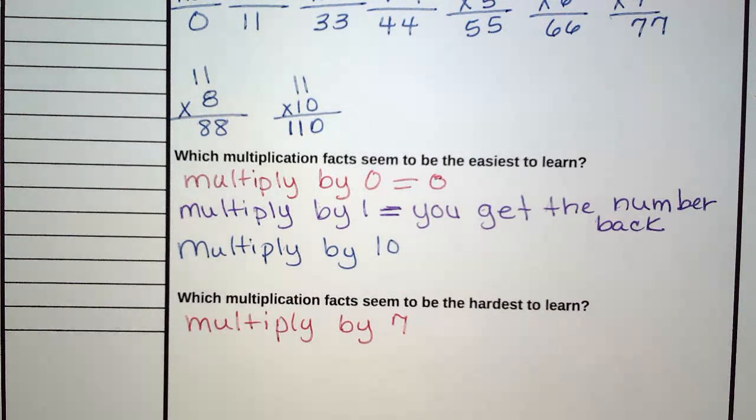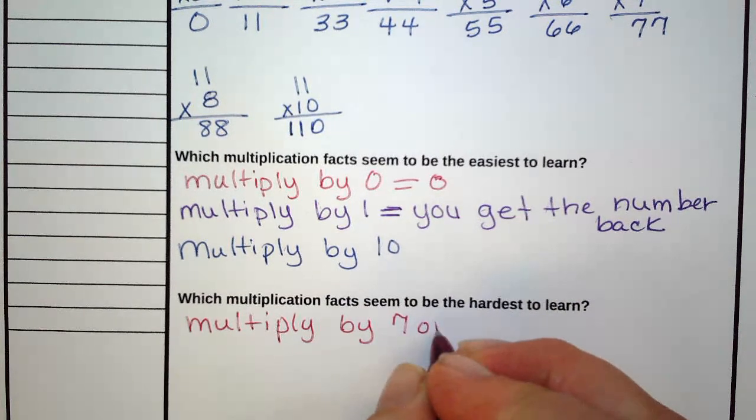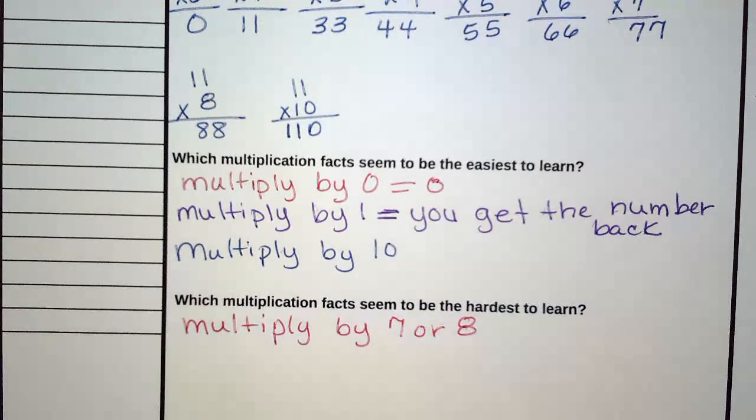What about 9? Ooh, that one is easy if you remember that whatever you're multiplying 9 times 7, I drop it down one number, not 7 but 6. 6 plus what gives me 9? 3. 6 plus 3 is 9, and I've just figured it out.